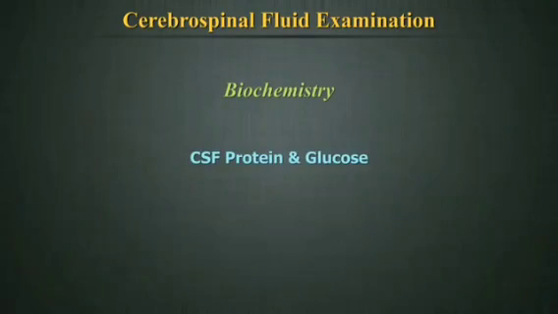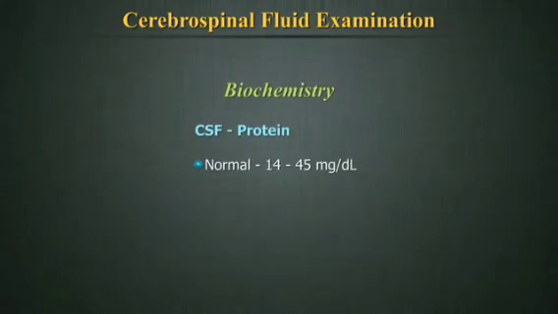Biochemistry. CSF glucose and protein are measured in the same way as done in serum samples. Look for special instructions from the manufacturer regarding programming or calibrators. Normal CSF protein concentration is 14 to 45 milligrams per deciliter.